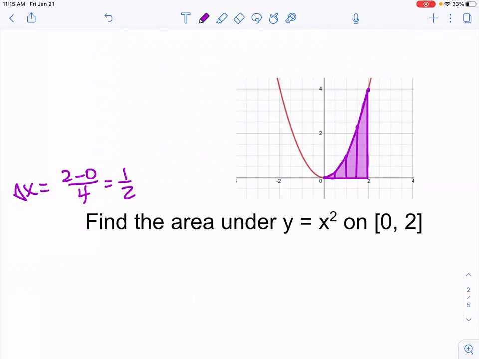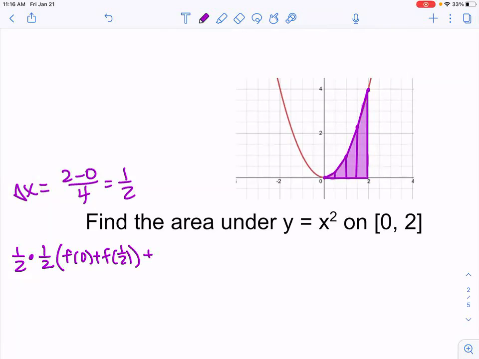We use that to draw our trapezoids, okay? So I know that the first one's a triangle, but let's just pretend it's a trapezoid. It just has 0 height on the left, okay? So if we find the area of this first trapezoid, we have 1/2 times, remember the height of the trapezoid is delta x, and then our bases are our function height. So f of 0 plus f of 1/2.